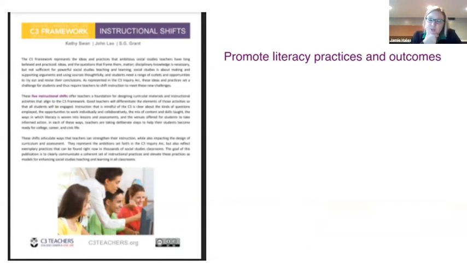So what we're going to do, we have an article and it's linked in that folder, and I'll also put a direct link in the chat for you too in a second. And we'd like you to go through and read the article. I think it's only 2, maybe 3 pages, so it's not long.